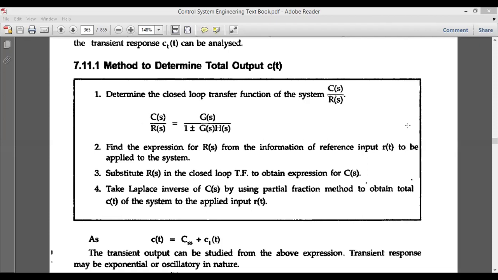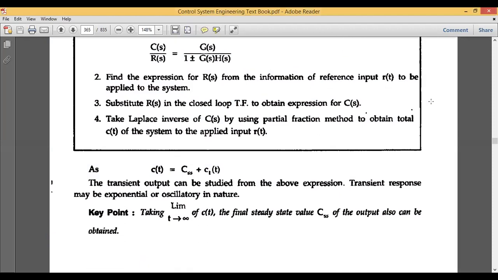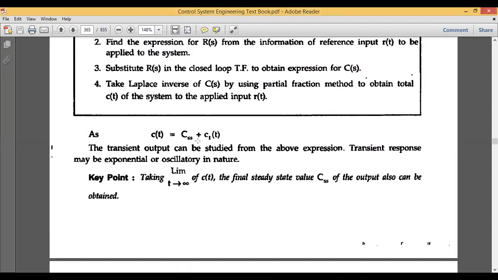The formula to obtain C of t is C of t equals C of ss plus C of t at time interval t, where C of t is your transient output signal and C of ss is your steady state. It is not compulsory that you will get the complete pure output at the end of the system.